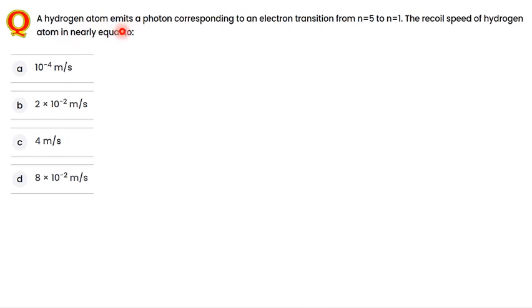A hydrogen atom emits a photon. See here, a hydrogen atom that emits a photon corresponds to an electron transition from n equal to 5 to 1. Just consider a hydrogen atom: that is the nucleus over here, and around the nucleus you have the first orbit. This hydrogen atom emits a photon.